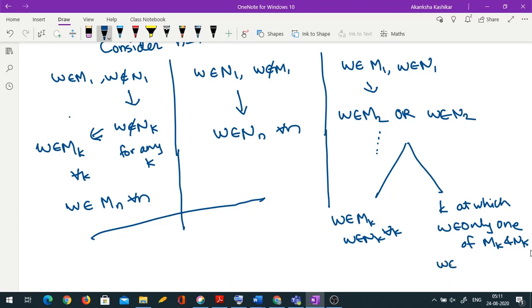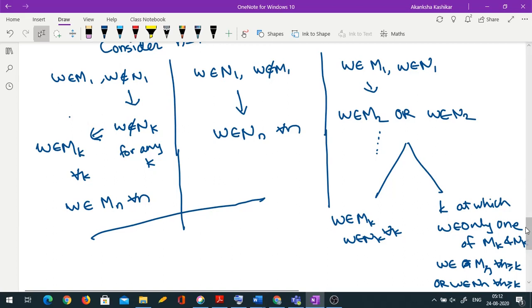So omega will belong to the intersection. Let me write: omega will belong to Mn for every n greater than or equal to k, or omega will belong to Nn for every n greater than or equal to k. One of these things will happen.